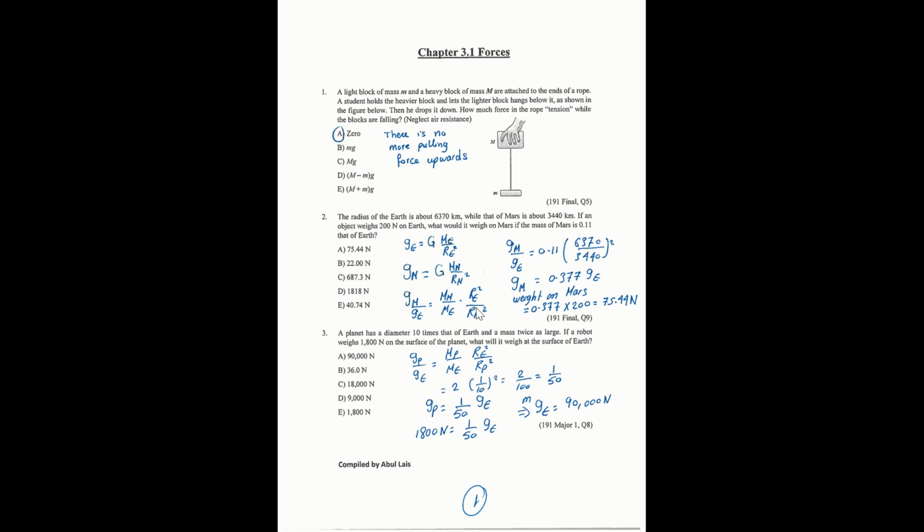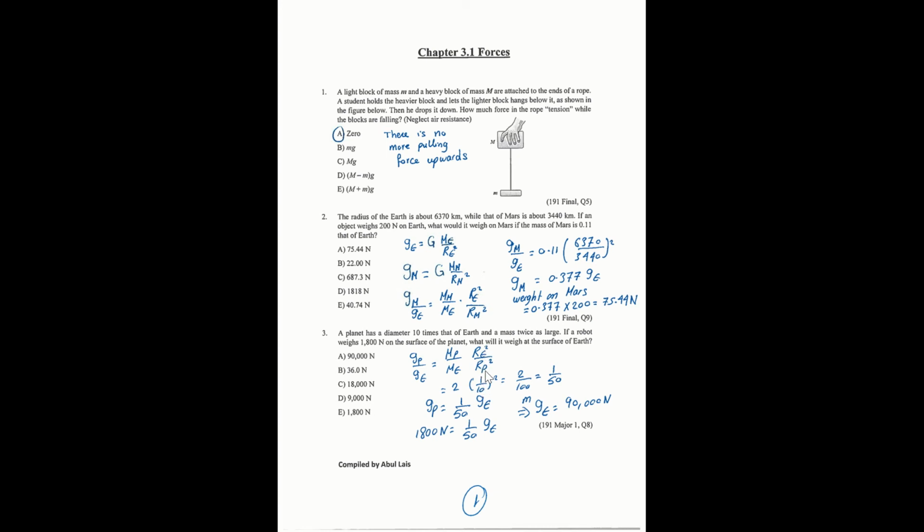So I can just simply use exactly the same equation that we used in problem number 2. So it's g planet over g Earth equals M planet over M Earth multiplied by R Earth squared divided by R planet squared, which is the radius of the planet squared. Now it says that the planet has a diameter of 10 times that of the Earth.